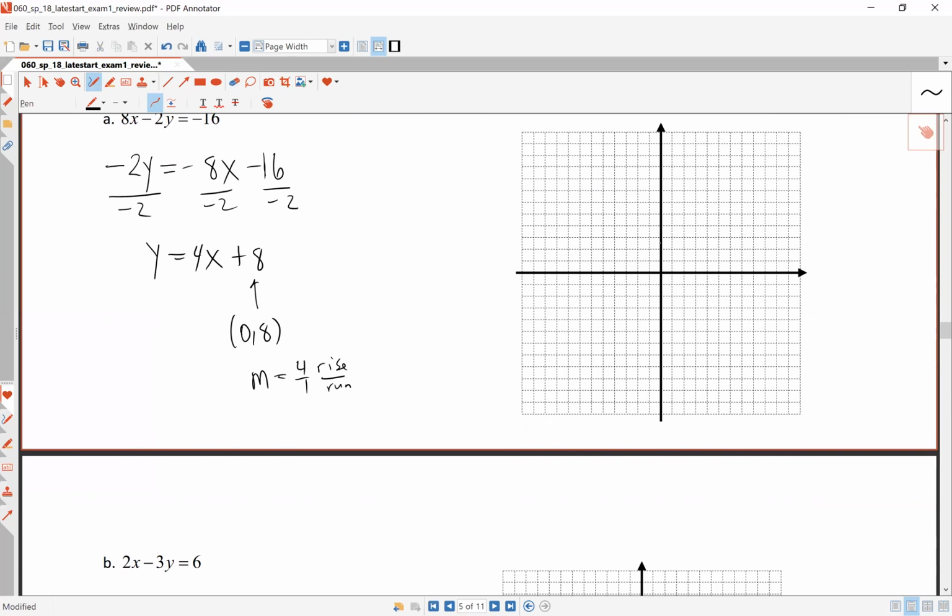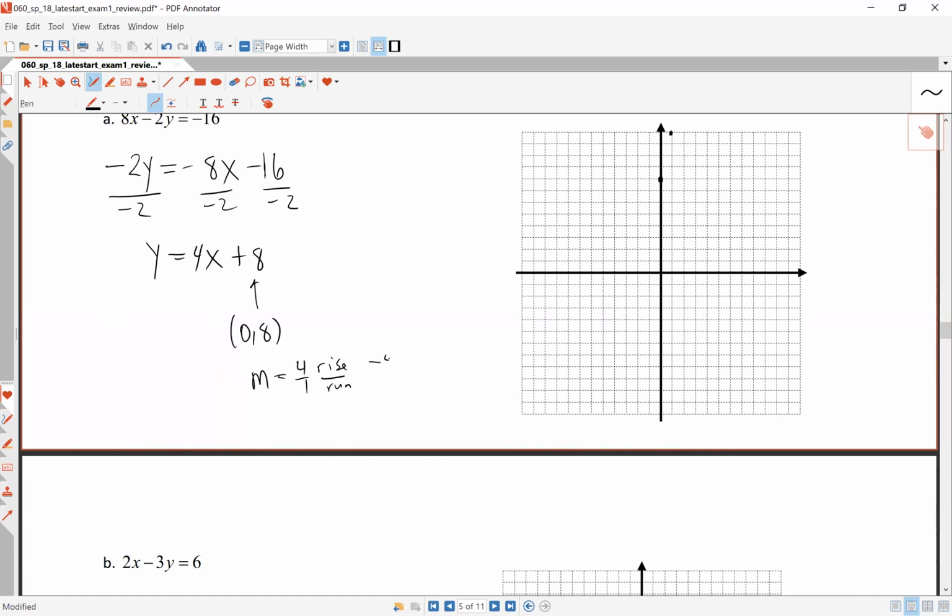So we go up to (0, 8). We put a point there. And if I rise 4 and run 1, that's my next point, (1, 12).